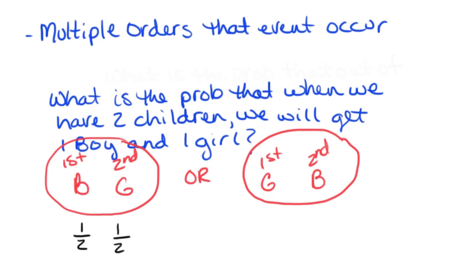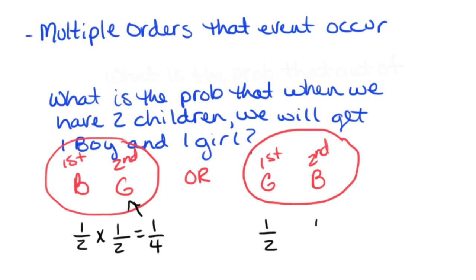And since these are independent events, since they are what we would call subsequent offspring, I'm going to use the multiplication rule and I'm going to multiply those together, and I'm going to get an overall probability for this particular order. I could come over here and do the exact same thing for this order. The probability that that first child is going to be a girl is 1/2.